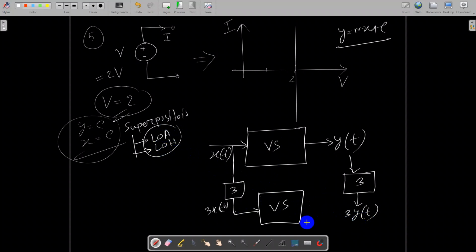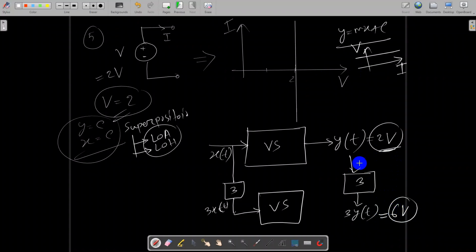But now I want to say about this voltage source. From this, V is equal to 2 volt. This is the output, which is equal to 2 volt. So you can also write it like this, V equals 2 volt, so this 2 is going to 6 if I scale the output.